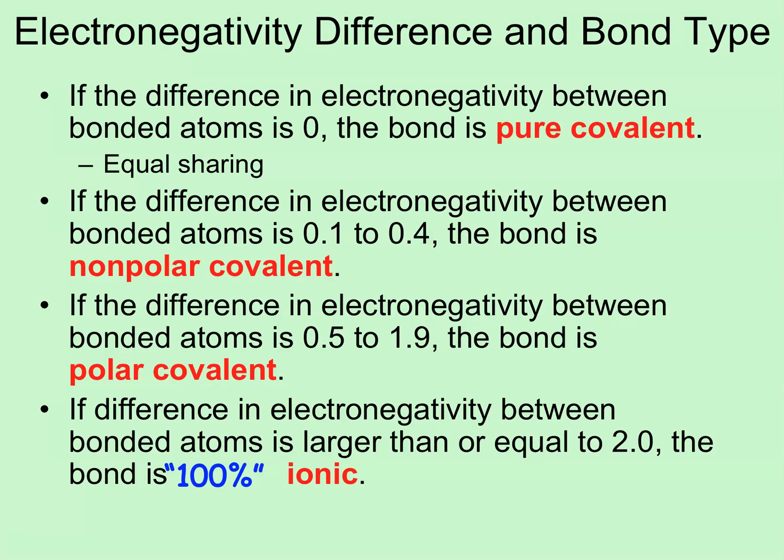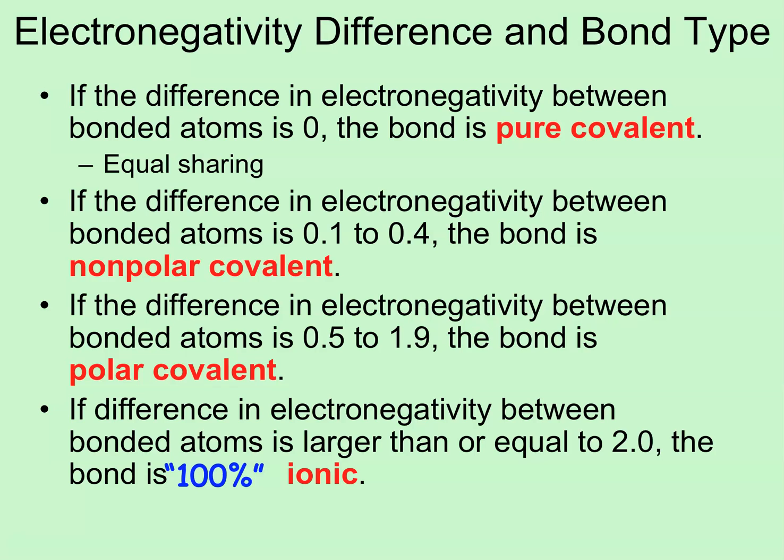So going along electronegativity and bond type, the numbers you see here, do not worry about them. I have 17 textbooks that have 17 different ranges. From a pure covalent, where it's a difference of 0, you are looking at your diatomic elements. Everything else, non-polar covalent, has a very small difference.